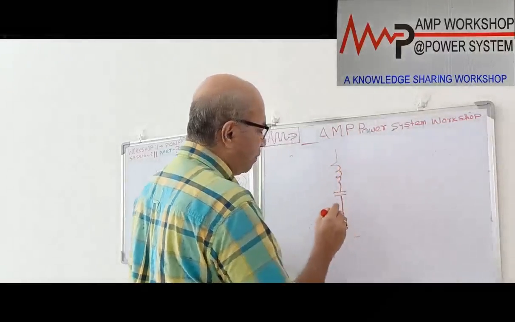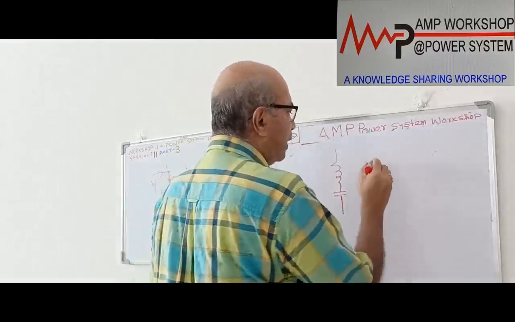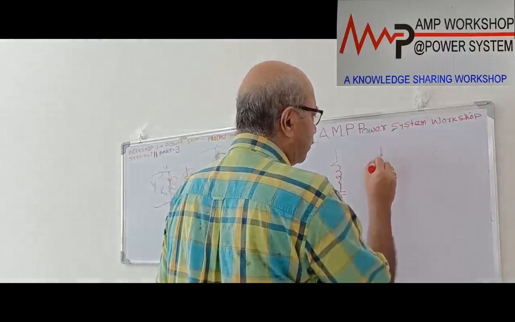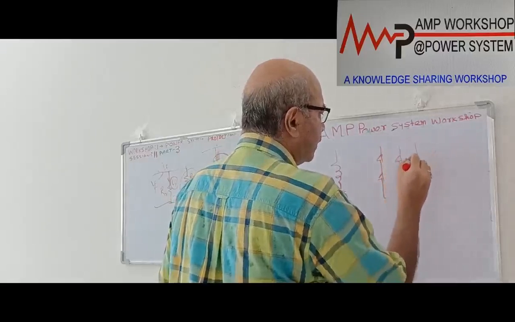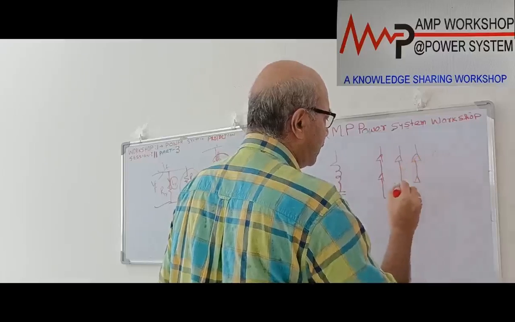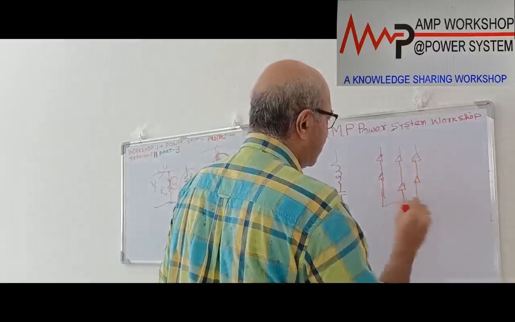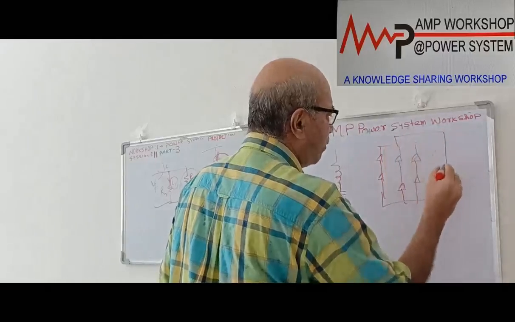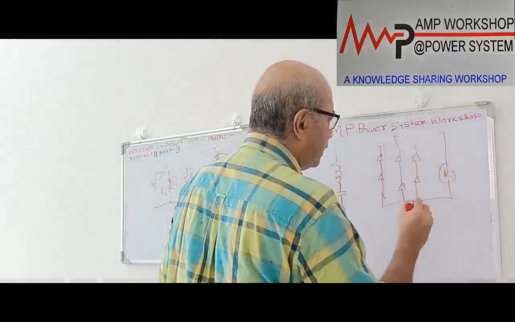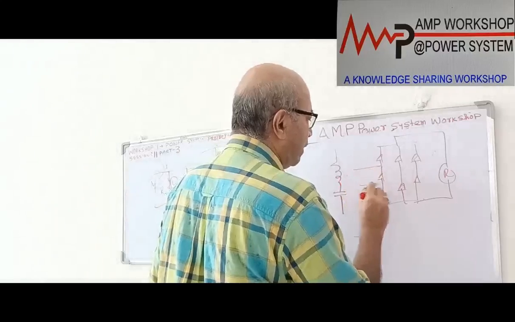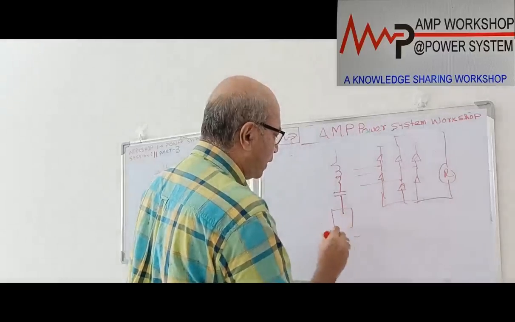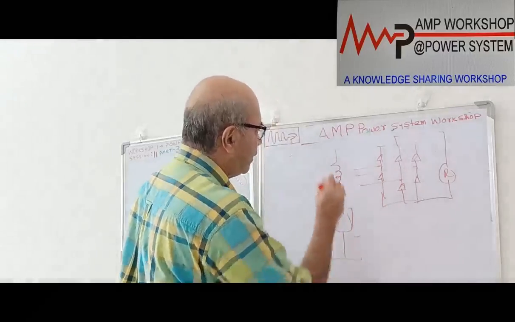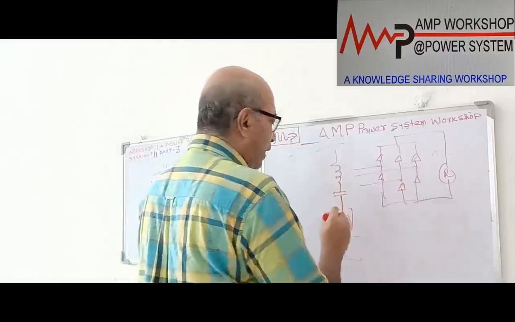If it is a three-phase relay, then we provide a three-phase bridge circuit. This is the bridge, and we connect the relay over here. This is the DC relay, and the three-phase voltage is given over here from the CTs. So this relay will be connected over here. That is the 87 relay.